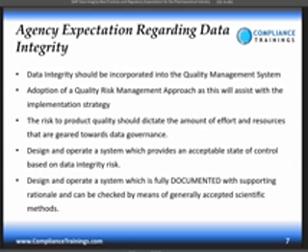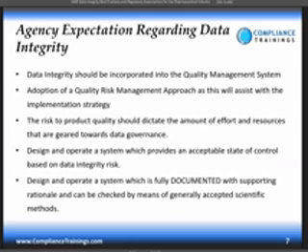The identified risk by the organization or the risk to product quality is going to dictate the amount of effort and the resources that are going to be dedicated to data governance. And the goal is also to design and operate a system which provides an acceptable state of control based on data integrity risk that have been identified through your quality risk management approach.